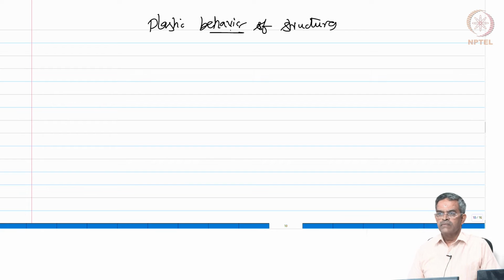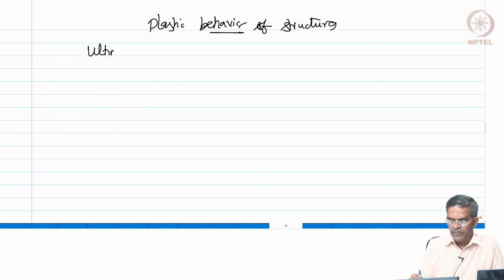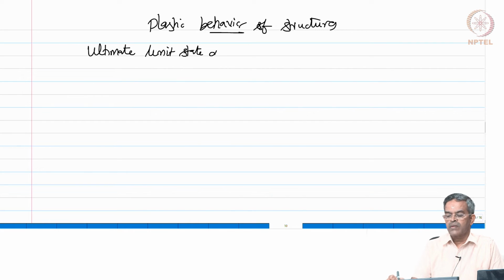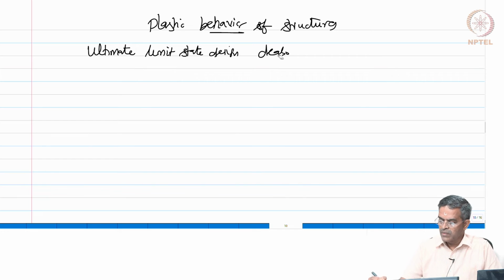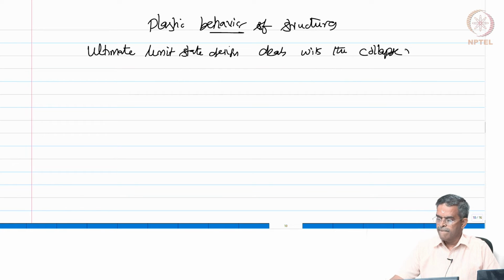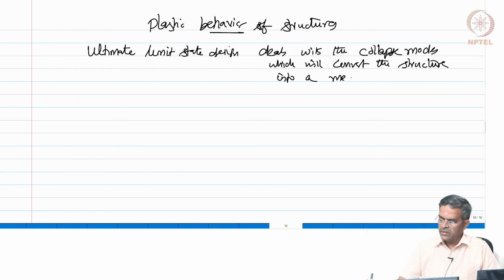We all know, friends, that ultimate limit state deals with the collapse modes, which will convert the structure into a mechanism.